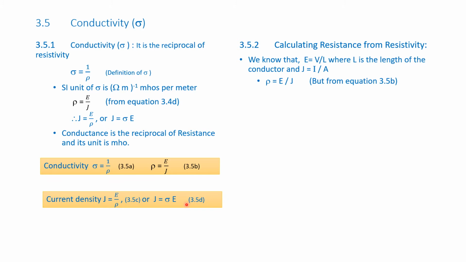Therefore, from the previous equations, we are writing equation 3.5b, rho equals E by J, and substituting the value of E as V by L, and J equals I by A, we get rho equals E by J.